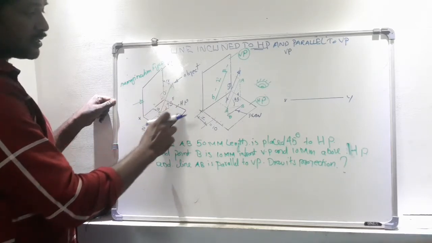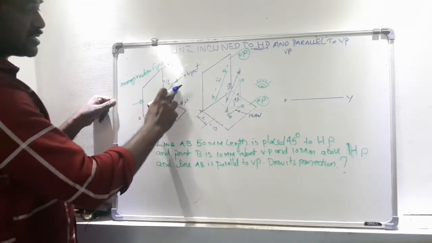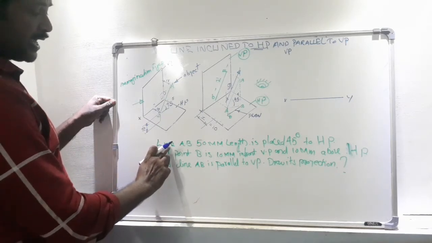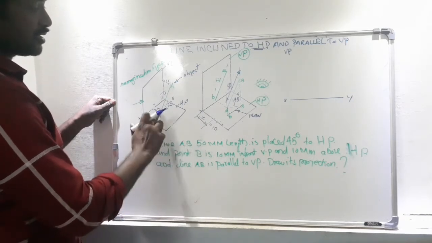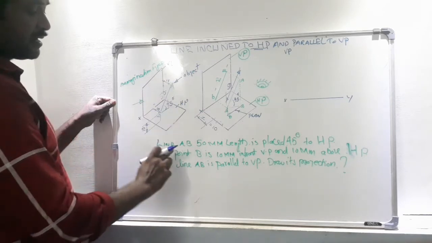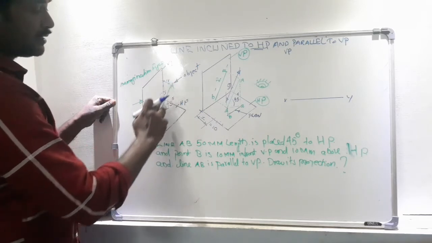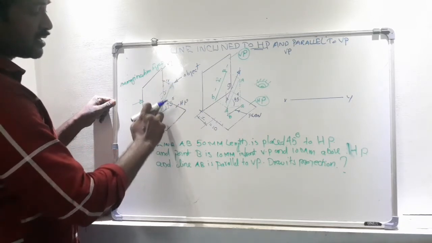That is our question. From this picturization we can formulate a question. That means a line AB, our object is a line, its name is AB, having 50 mm length. Length of line AB is equal to 50 mm.